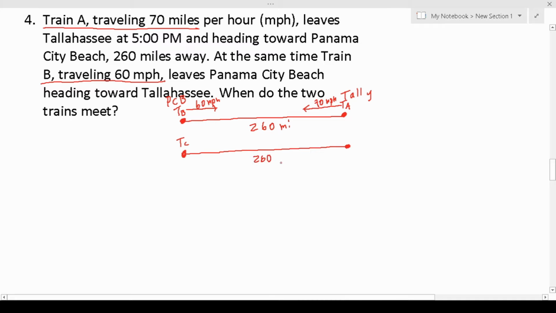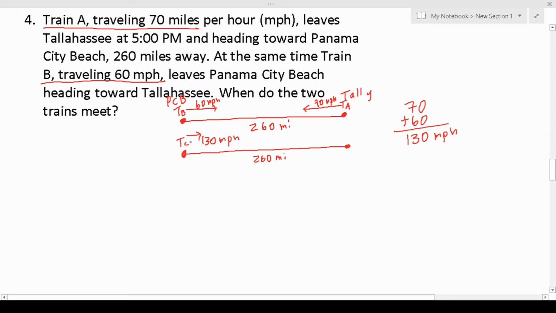But it was going at the combined rate of both train B and train A. So in other words, it was going 260 miles, albeit at 70 plus 60 miles per hour. 70 plus 60, we should realize, is going to be 130 miles per hour. So in other words, this train is going the same 260 miles, albeit at a combined rate of train A and B, that is 130 miles per hour.